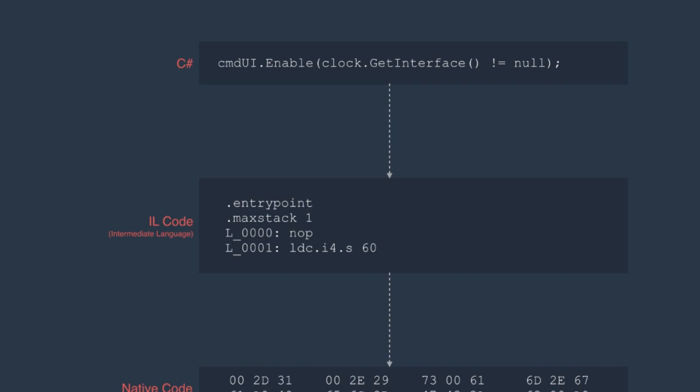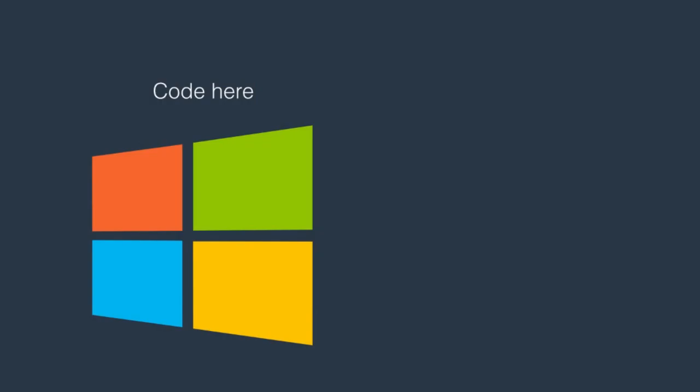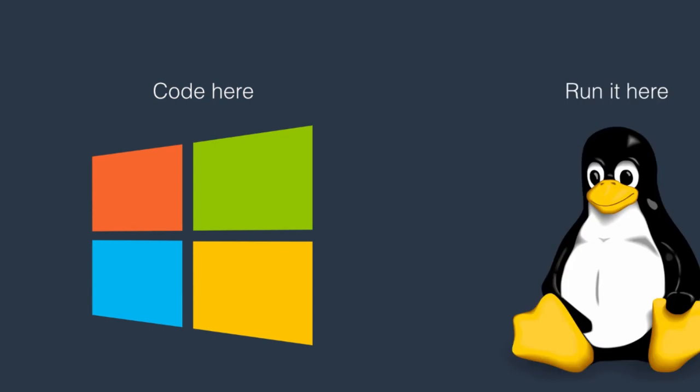So CLR is essentially an application that is sitting in the memory whose job is to translate the IL code into the machine code. And this process is called just-in-time compilation, or JIT. So with this architecture, you can write an application in C# and you don't have to worry about compiling that into the native code for different machines. As long as a machine has CLR, that can run your application.